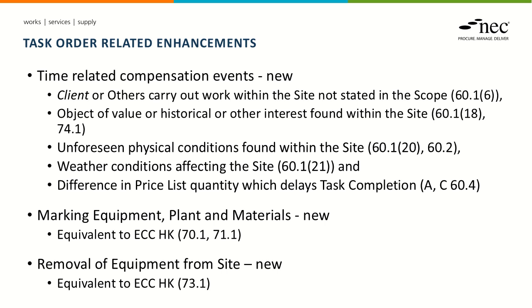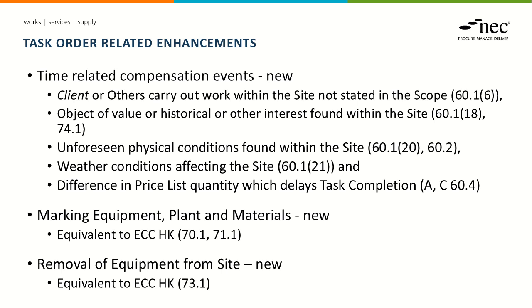A number of provisions have been brought in related to Section 7 of the contract. This is to do with title. So you can see that we've brought in the provisions around marking, equipment, plant and materials. Those provisions are the equivalent of what we have in the ECC Hong Kong edition. So that's clause 70.1 and 71.1.